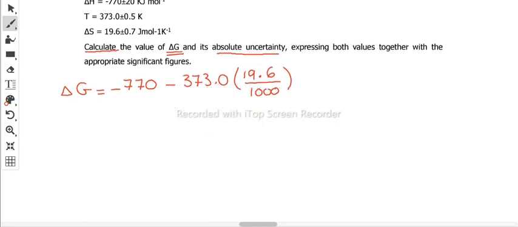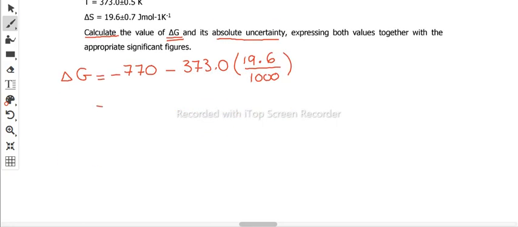Using your calculator, you will firstly do the first step, which is negative 770. Then you're going to subtract 7.3108.